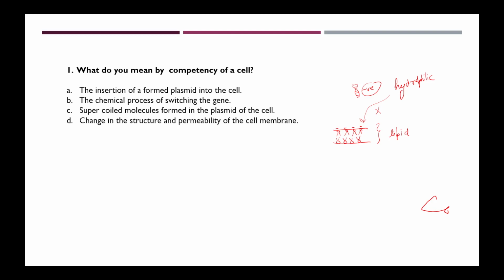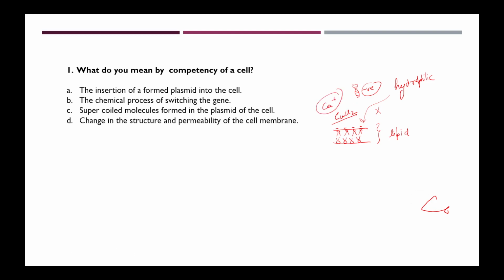And for that, anybody can tell what is the approach that we use to make it permeable? Calcium chloride treatment. Yes, CaCl2 treatment, and these calcium ions are positively charged.